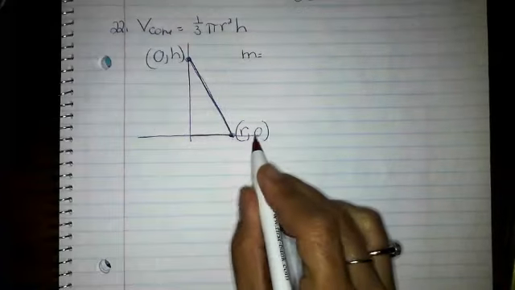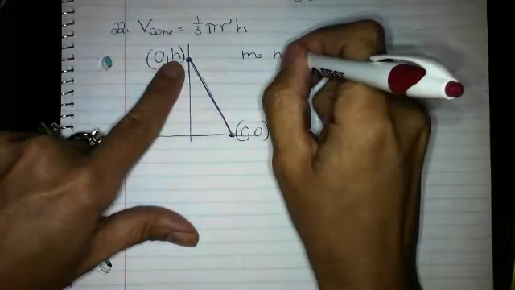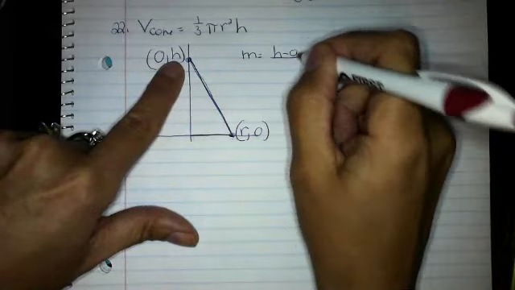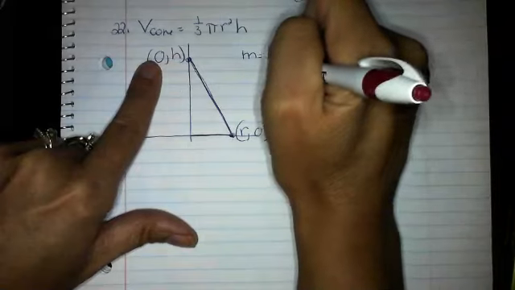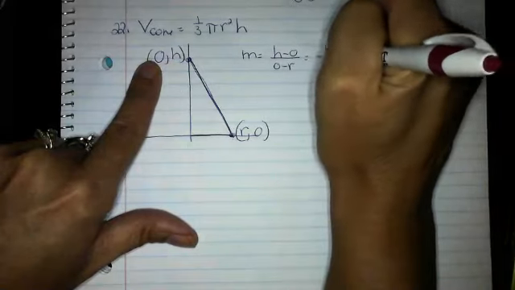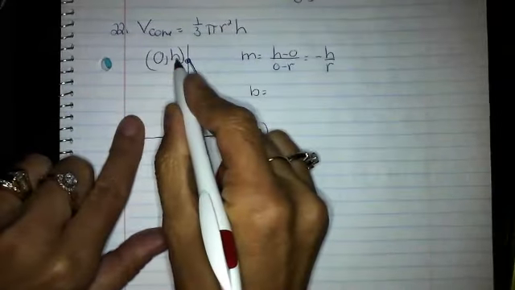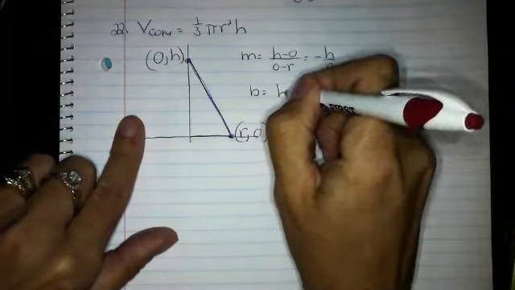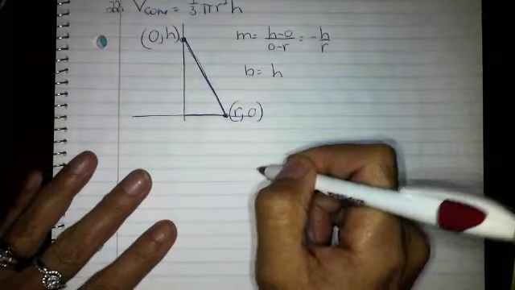So the slope, I'm going to start up here, change in y, so that's h minus 0 over 0 minus r, that's the change in x. Don't be afraid of the letters. So our slope is negative h over r. My b value, where it's crossing the y-axis, is going to be at the height. So I can go right into y equals mx plus b.